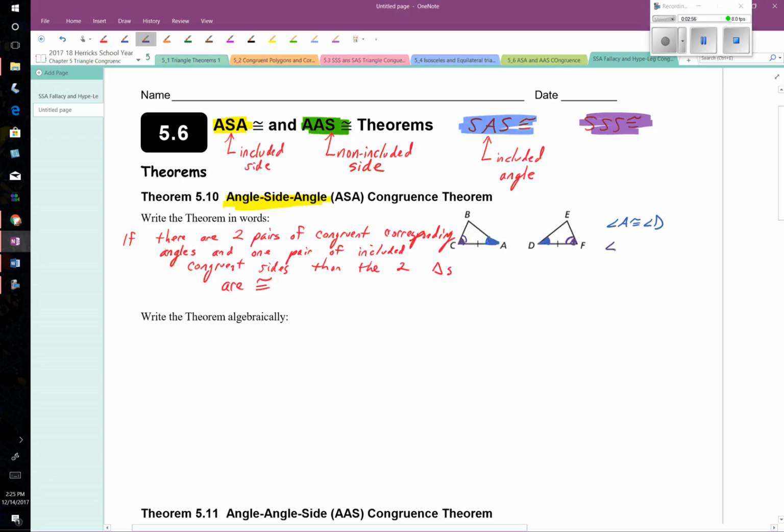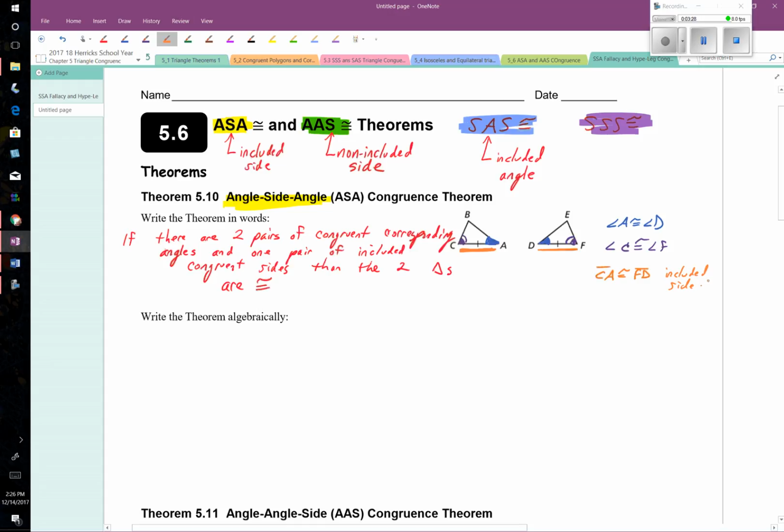And this is angle C is congruent to angle F. And then the last thing is, if you look, there's a side directly between them, CA and FD, and they are also congruent. And this is an included side. Then the triangles are congruent.